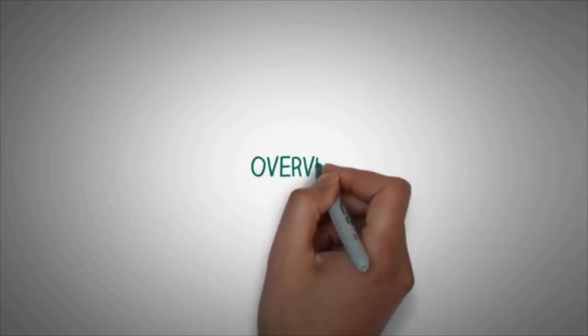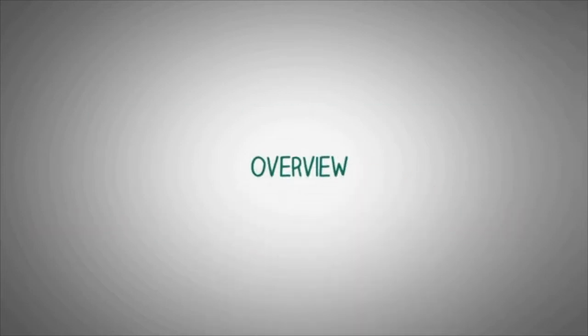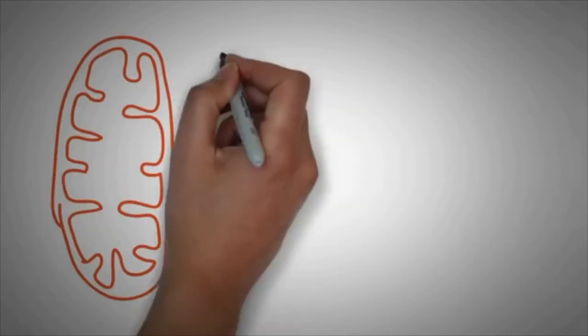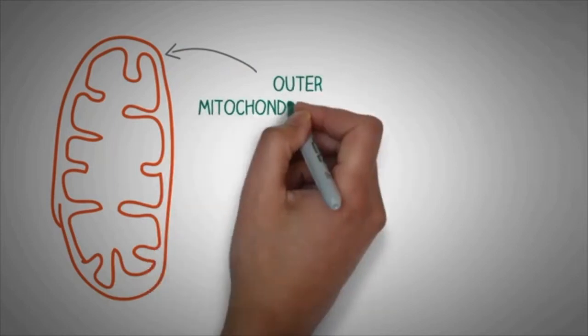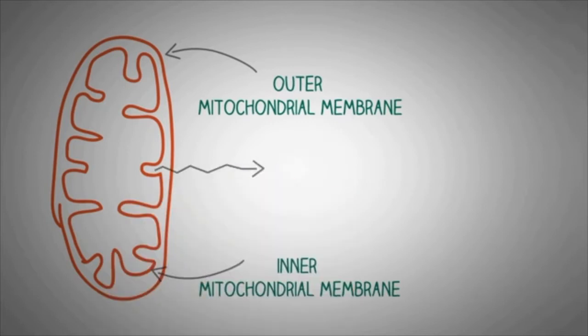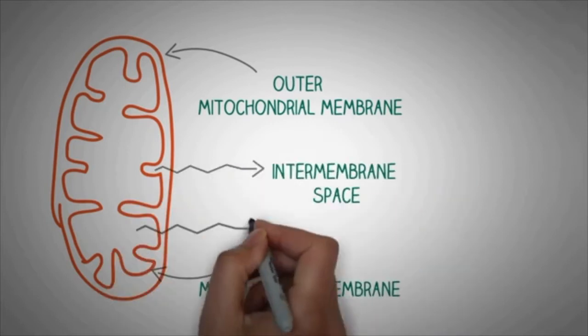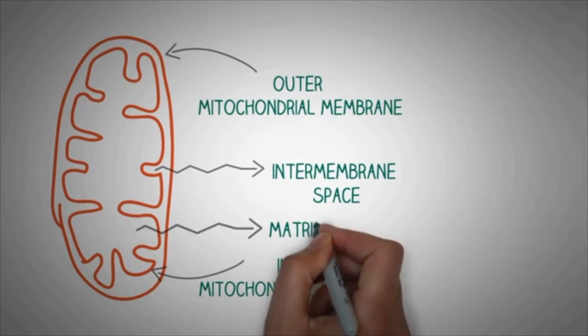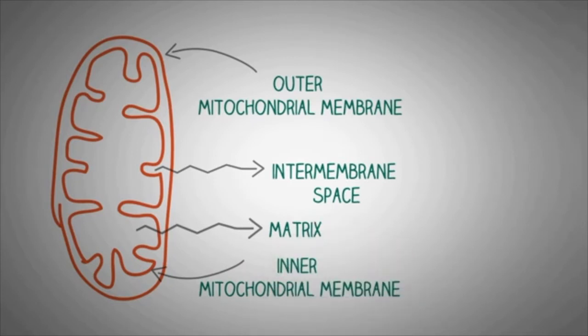Now let's talk about the overview of the electron transport chain first. The mitochondria has an outer mitochondrial membrane and an inner mitochondrial membrane. The space between these membranes is called the intermembrane space, and inside we have the matrix of the mitochondria.